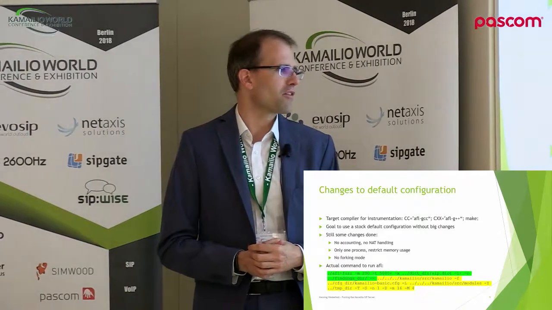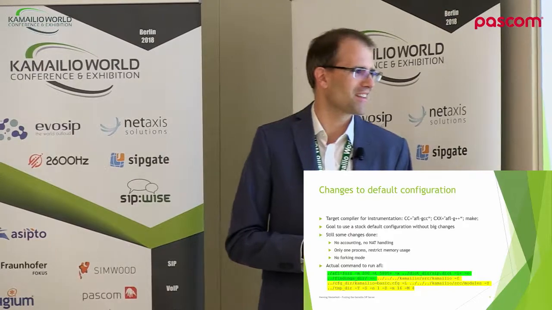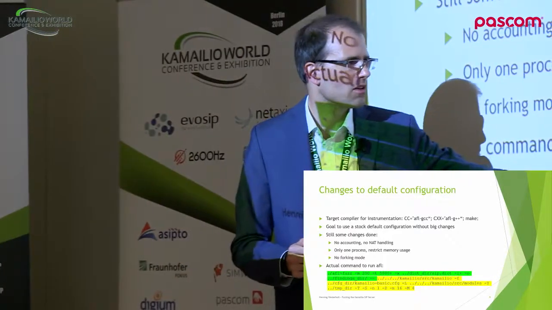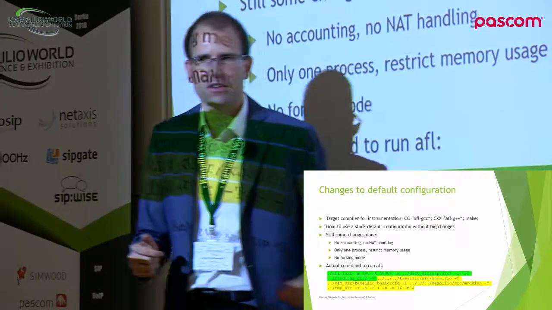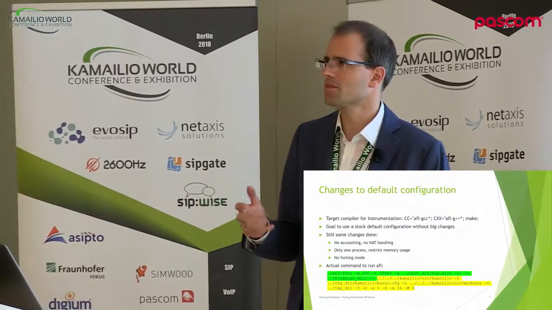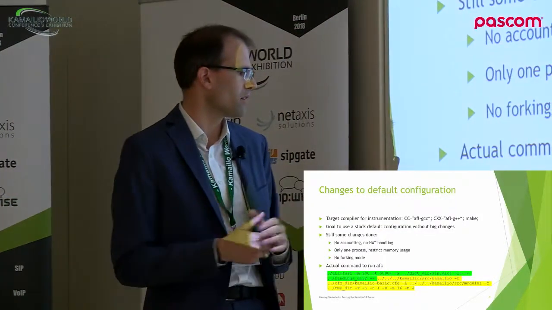You start the AFL fuzzer with the test corpus, which I explain in the next slide. So you give some memory limit, some timeout, some dictionary, which is just a way to add some domain-specific knowledge to the program. Again, I will explain this in the next slide.